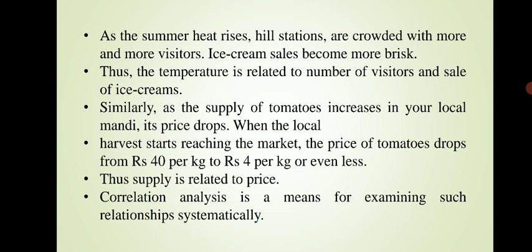Similarly, as the supply of tomato increases in your local mandi, its prices drop. Again, this is a relationship between production and demand. Here tomato is an example, but you can see it with respect to any commodities or goods that we consume on a daily basis, tomatoes or onions, for example.